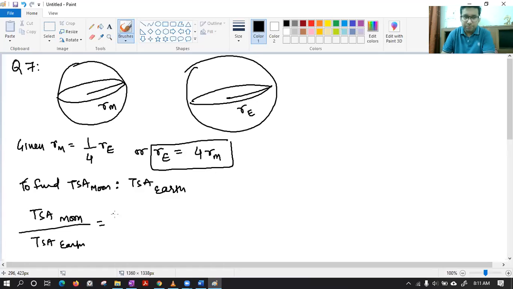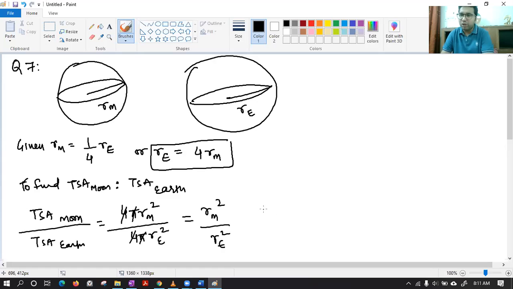The formula is same. The formula for TSA of this sphere is given by 4 pi r square, so we can see 4 and 4 cancel, pi and pi cancel. Answer is right now Rm square upon Re square.